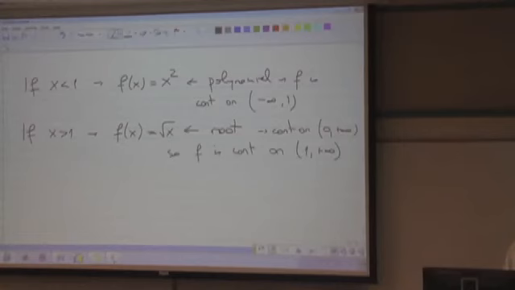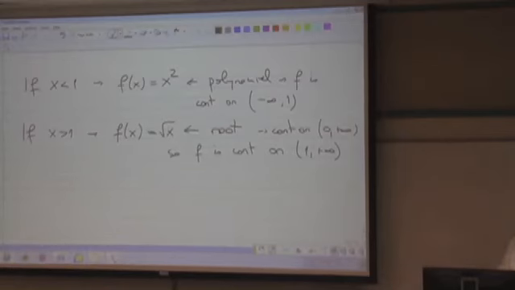Notice I'm not necessarily being very detailed in my description, and you don't have to be either, but you have to say enough that somebody that reads it understands that you understand things. As in, it's a root function, you know that it's continuous on the domain, so you can proceed on.